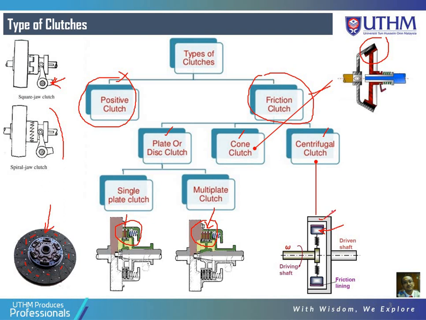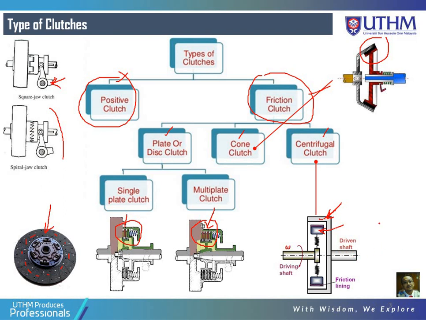This is the friction plate housing. So the friction material will attach to the housing, and at the same time it can drive the driven shaft. So any torque or rotation that occurs here can be transferred to the other shaft.